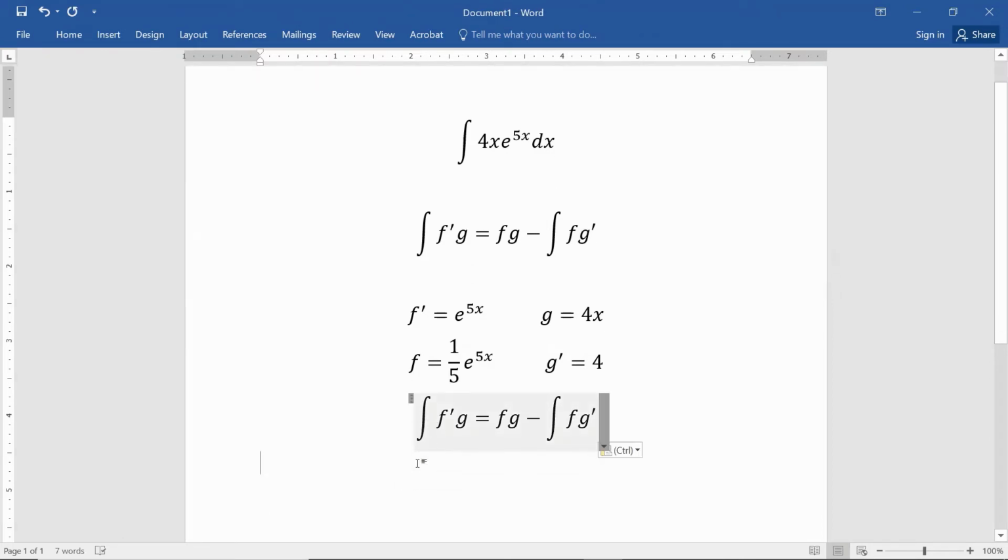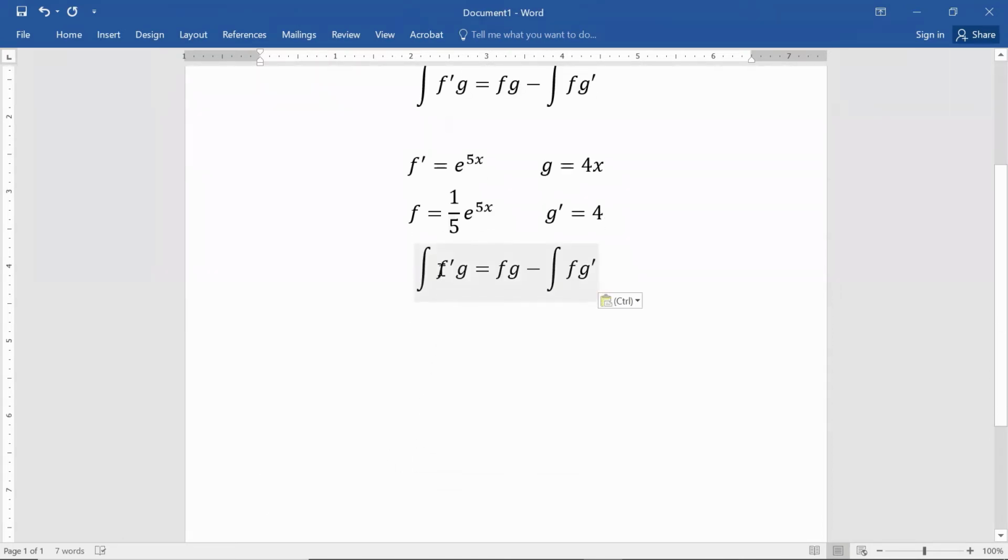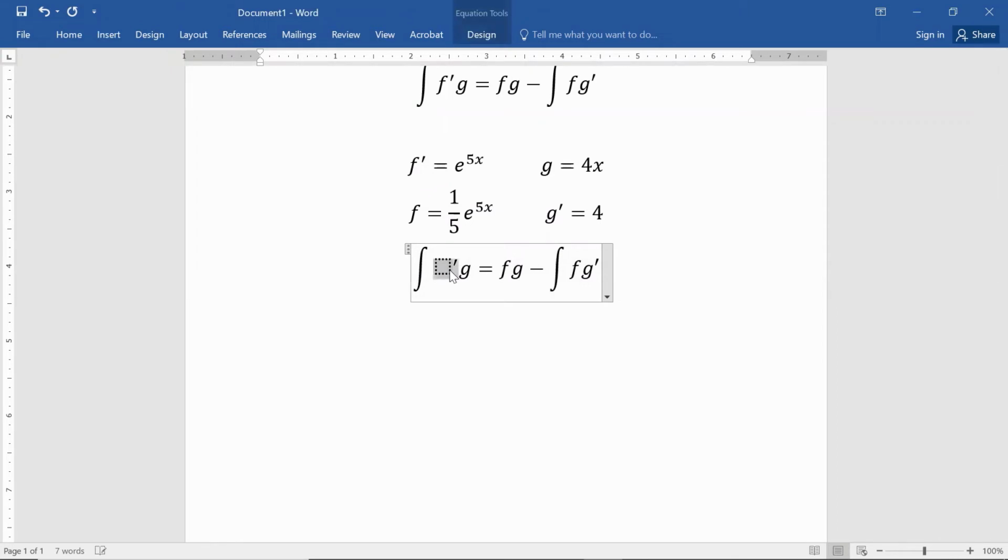So this formula says f prime times g, that f prime is e to the 5x, multiplied times g, g is 4x.